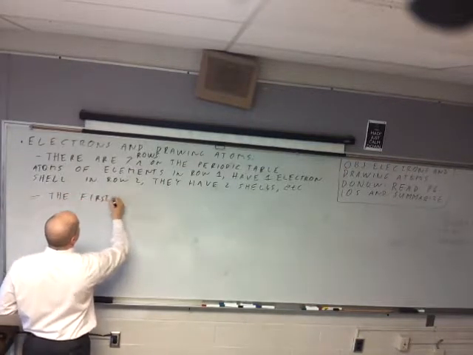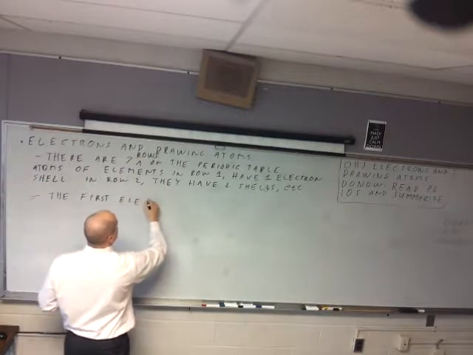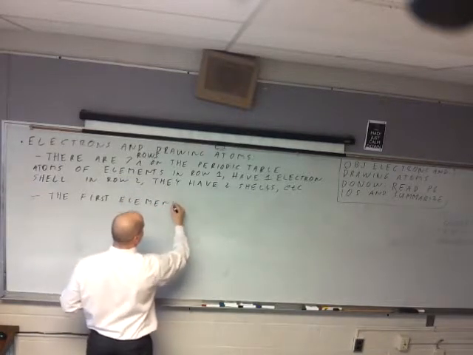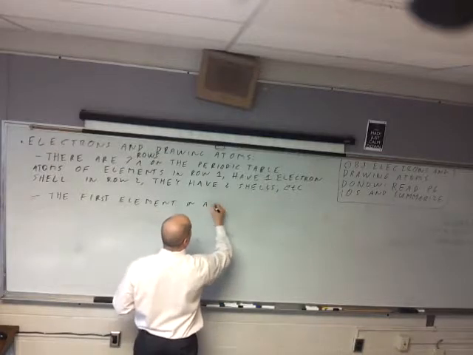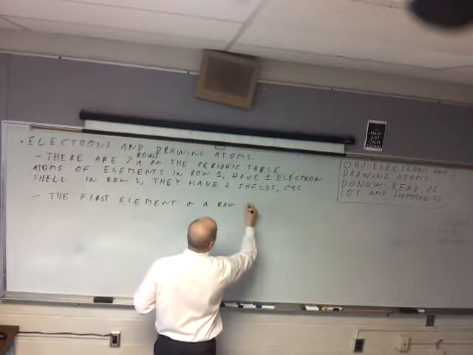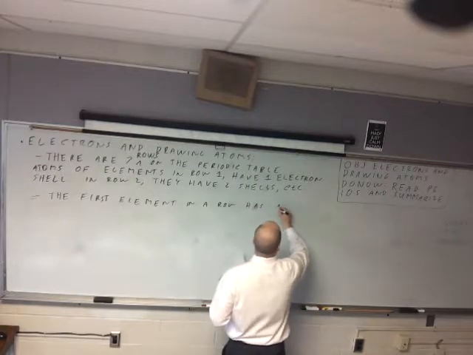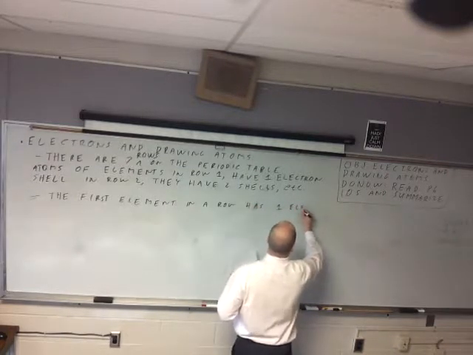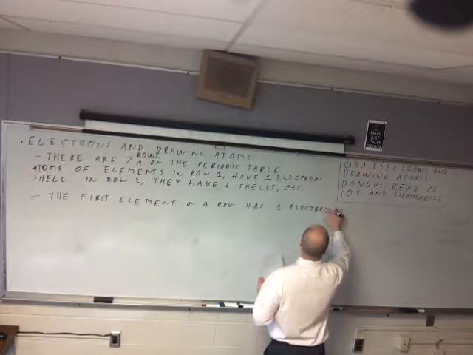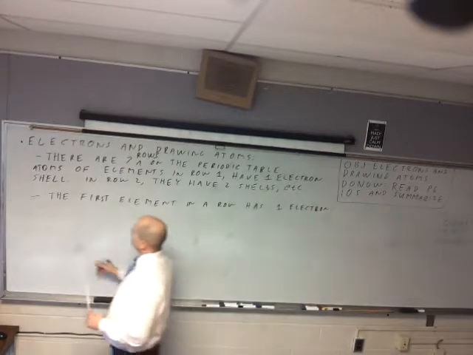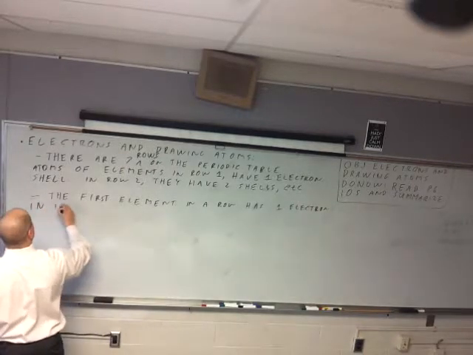The first element in a row has 1 electron in its outer shell.